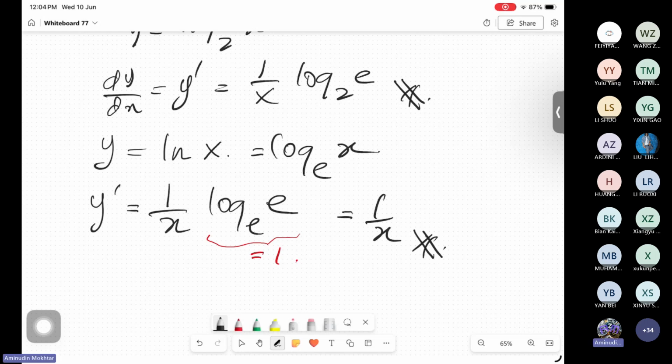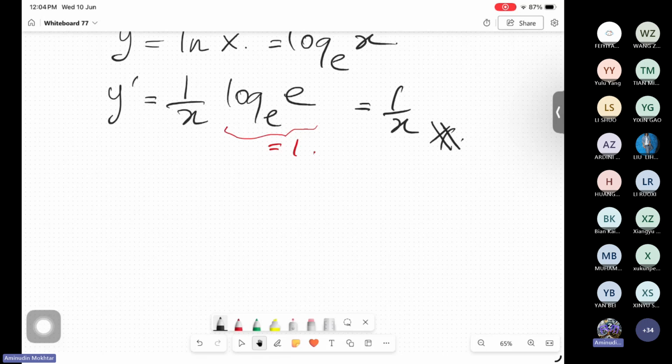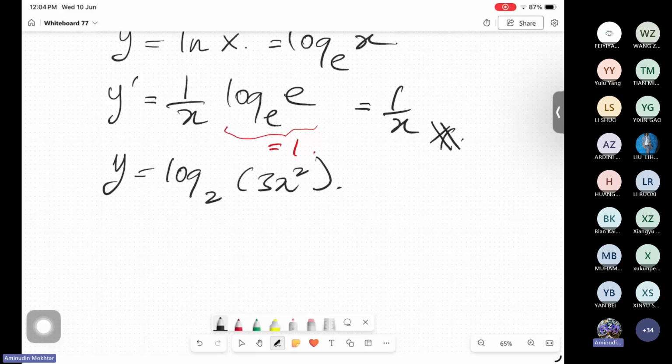Okay, another example here. Let's say I have this function y equal to log 2 of 3x squared. Now we have a log function, but we have another function inside the log. We have 3x squared. This is a quadratic.